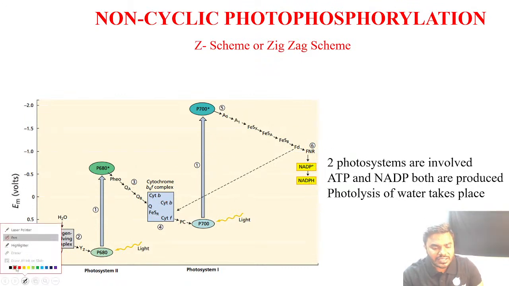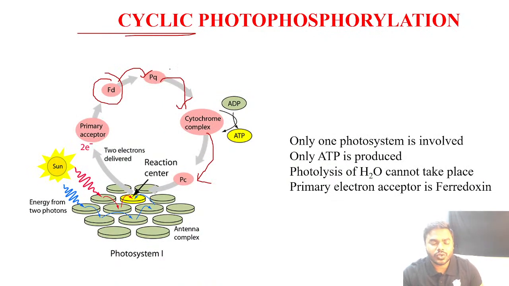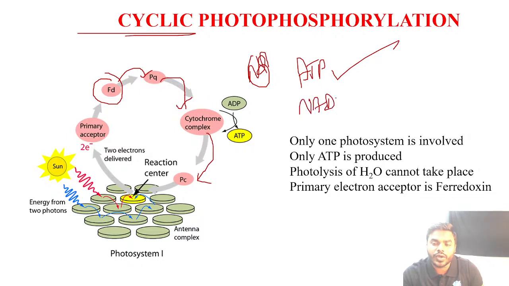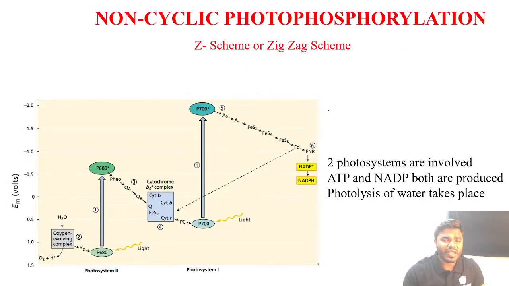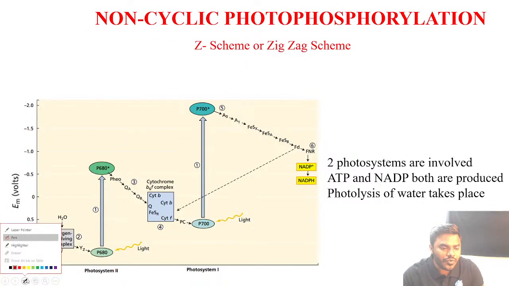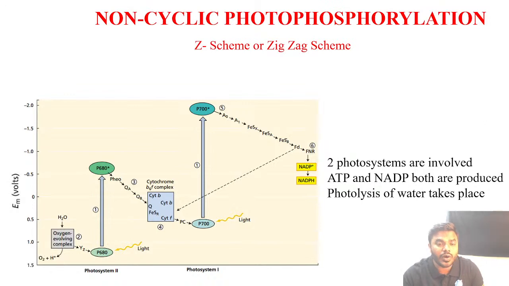Till this particular slide we have studied, and you remember I told one important statement to all of you. In cyclic photophosphorylation, we will only produce the ATP. We are never going to produce the NADPH at all. That is what we studied. Now, non-cyclic photophosphorylation, what is the statement you have to remember?